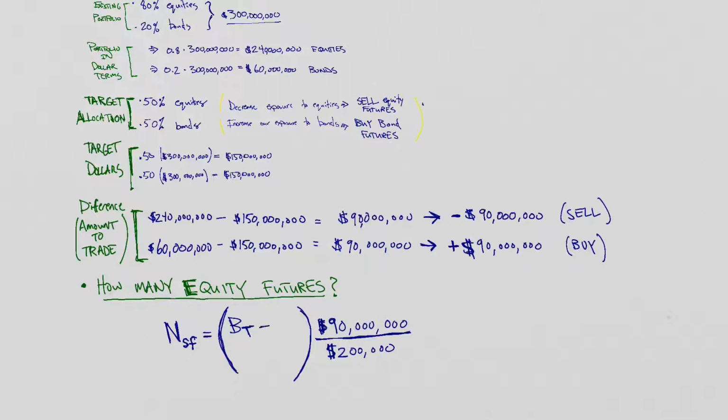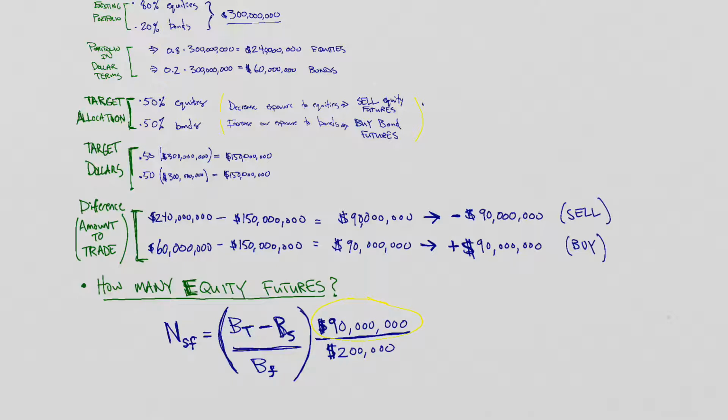On the numerator, it's the beta of the target portfolio that we want to get to minus the beta of our portfolio itself, but divided by the beta of whatever equity futures contract we're buying. Except in this case, what we're really trying to do is reduce $90 million of equity exposure.